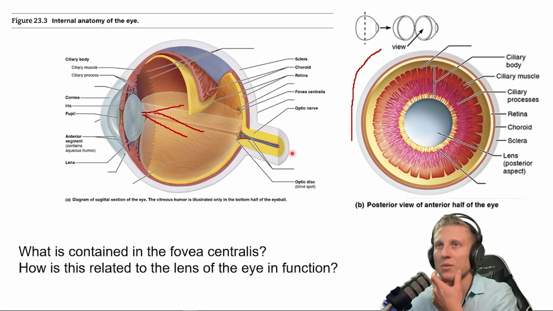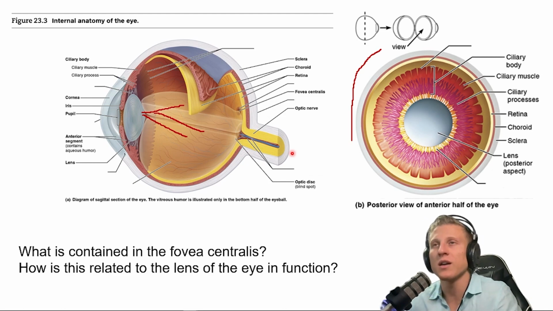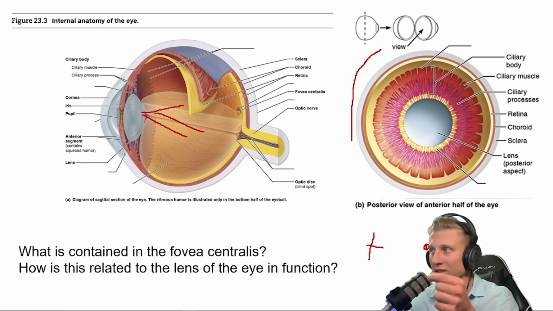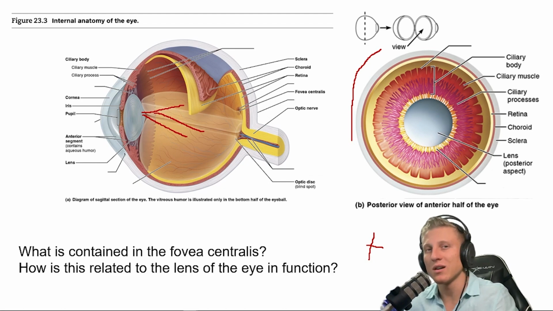You can actually look up ways to find the blind spot in your eye. The way I do it is I just take a sheet of paper and put an X on one part and then a dot on the other end of the page. Then you look at the X with one eye, and eventually you will find a spot where the dot will disappear, and that is the blind spot.